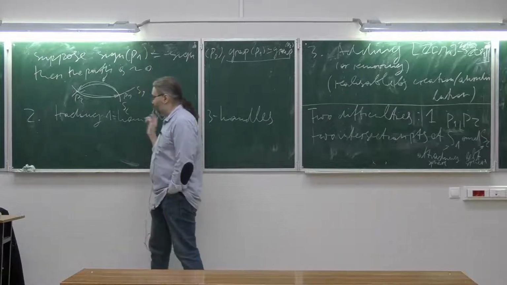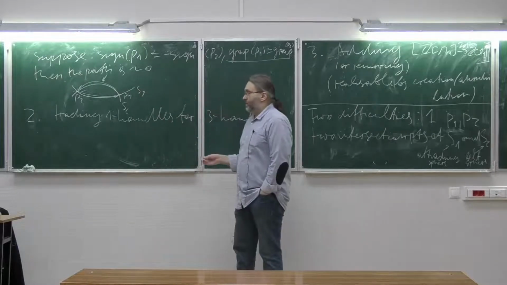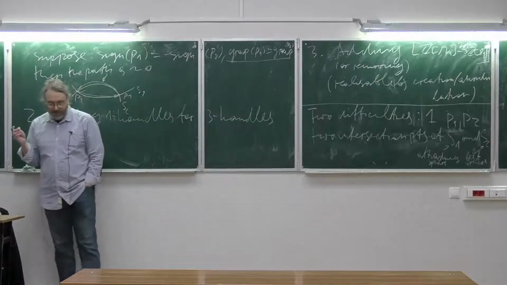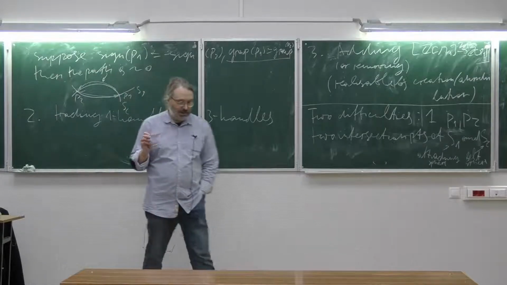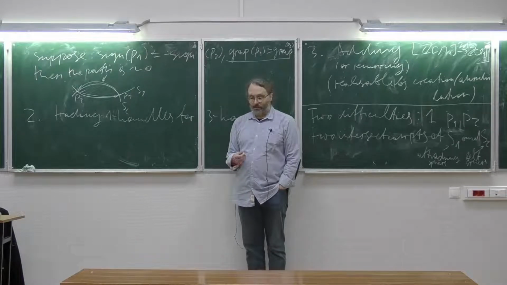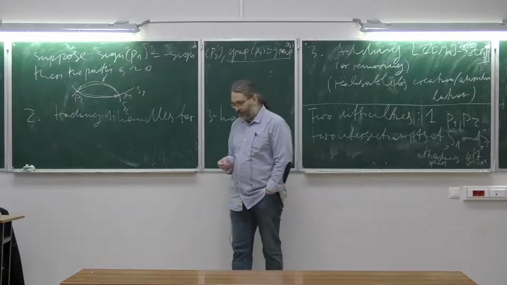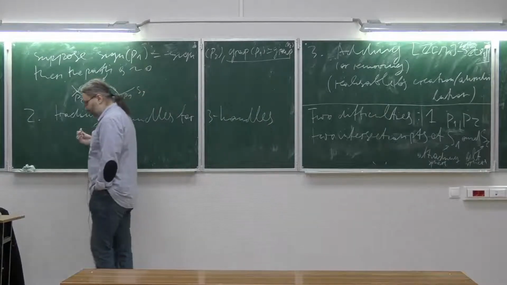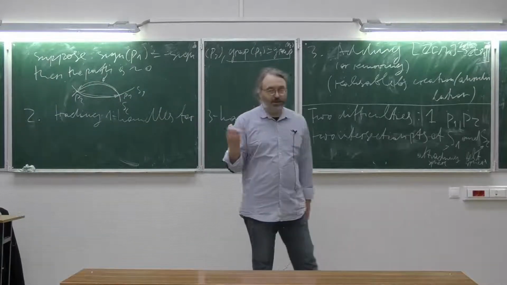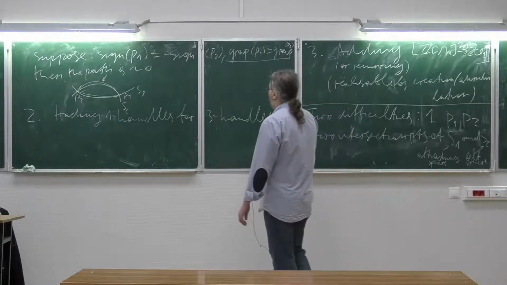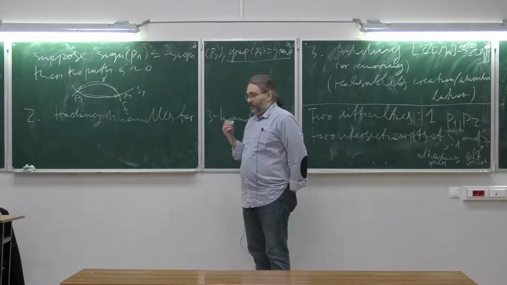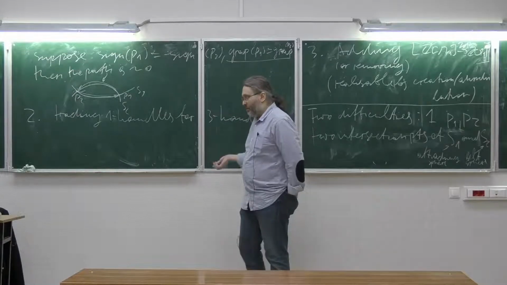Well, let's see what happens when we try to get rid of one handles. Well, obviously, one handles cannot in general be cancelled, but we are in a particular case when we have an inclusion of M0 into W, which is a homotopy equivalence.